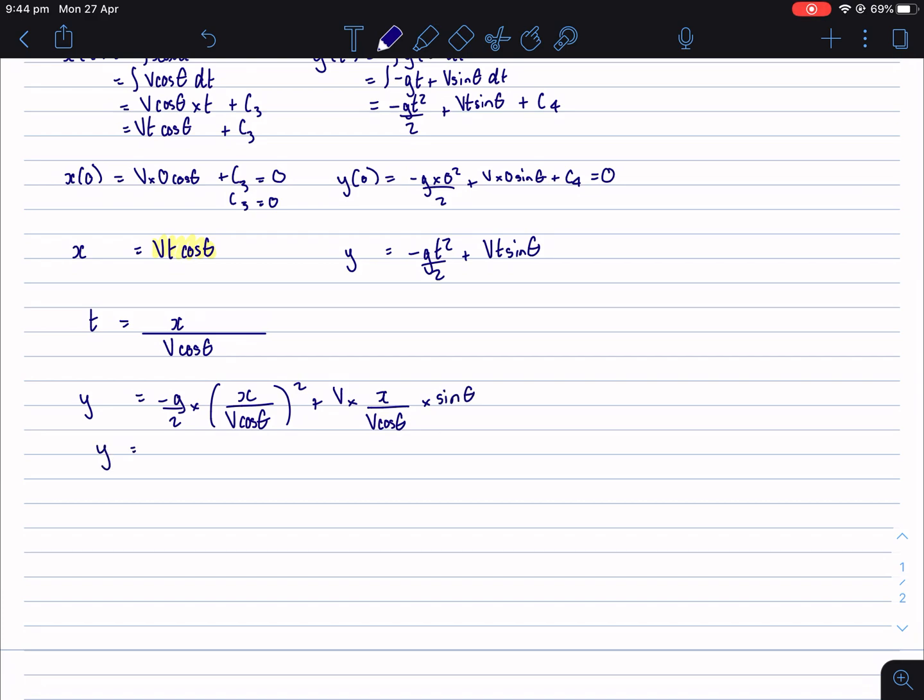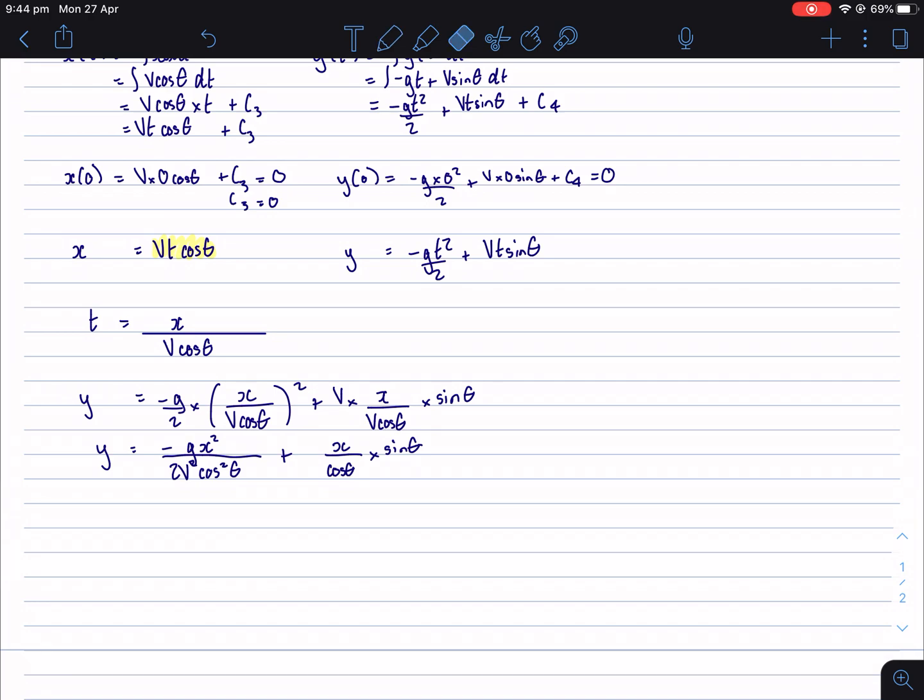So I get negative gx squared over 2v squared cos squared theta plus, the v's cancel out, x on cos theta times sine theta.